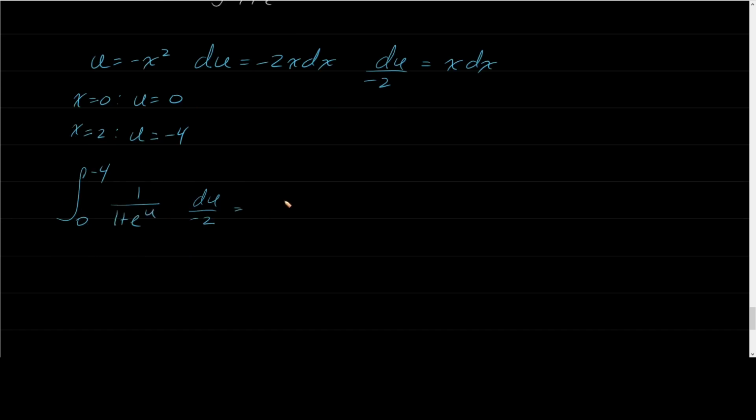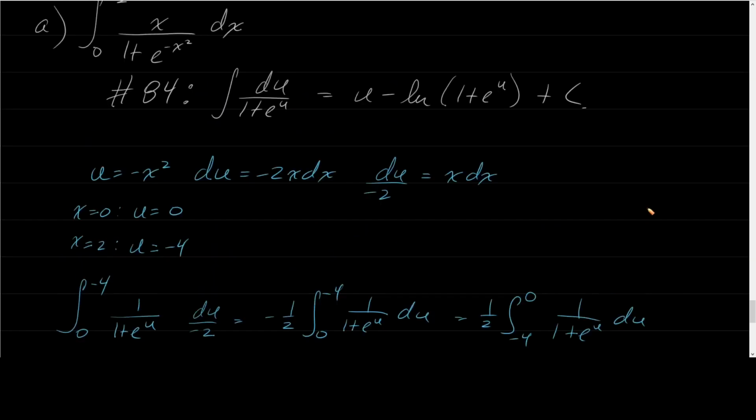So really I have negative 1 half integral from 0 to negative 4 of 1 over 1 plus e to the u du. But we don't like to have this smaller value on top. So I'm going to write this as positive 1 half integral from negative 4 to 0 of 1 over 1 plus e to the u du.